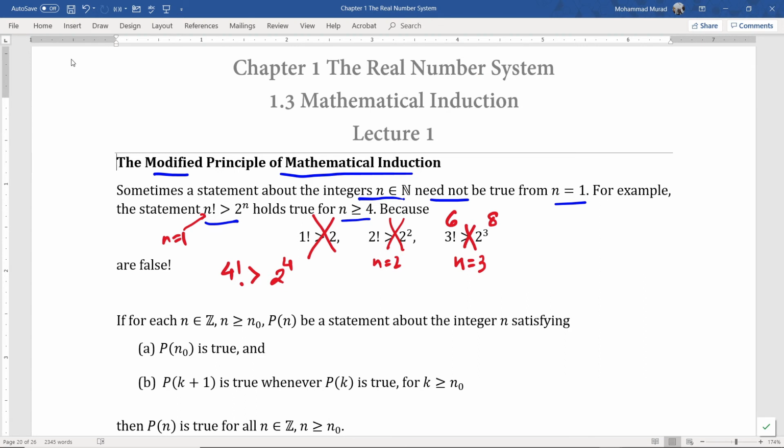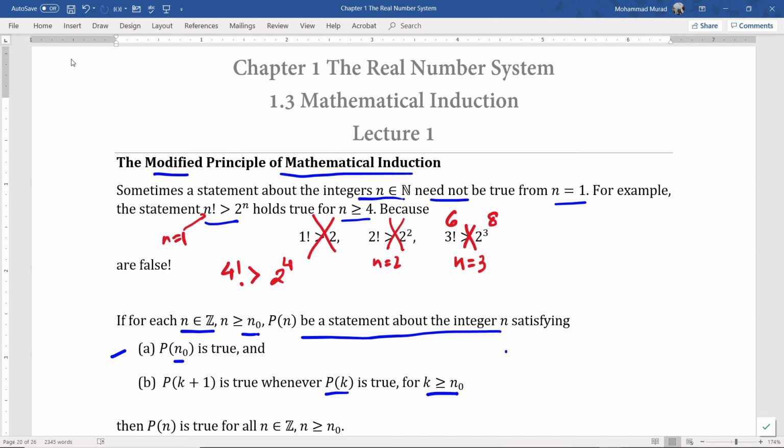The principle states, if for each n, the integers larger or equal to some fixed integer n sub 0, P of n be a statement about the integer n satisfying that P at n sub 0 is true and P at k plus 1 is true whenever P at k is true for k larger than or equal to n sub 0.